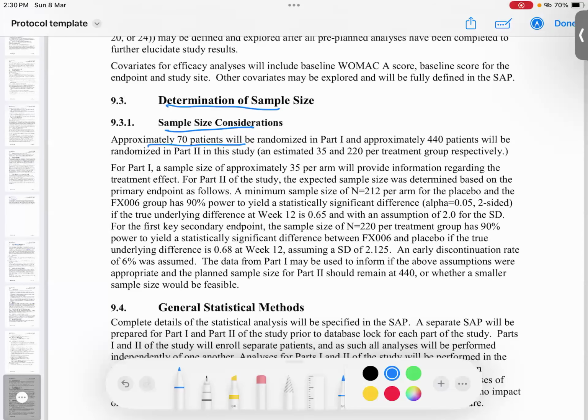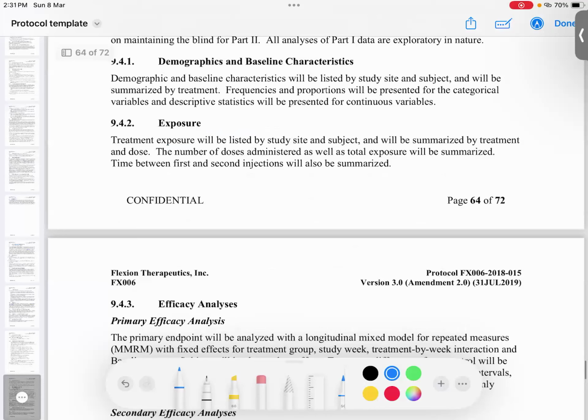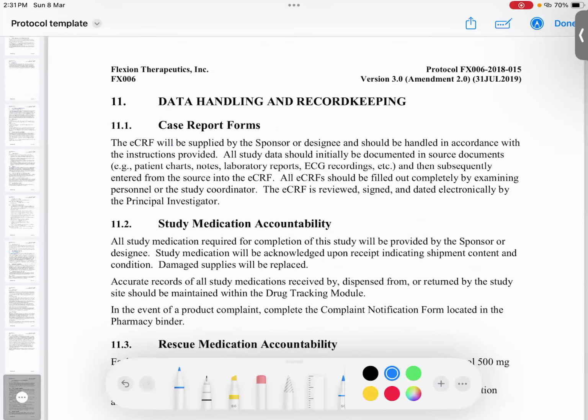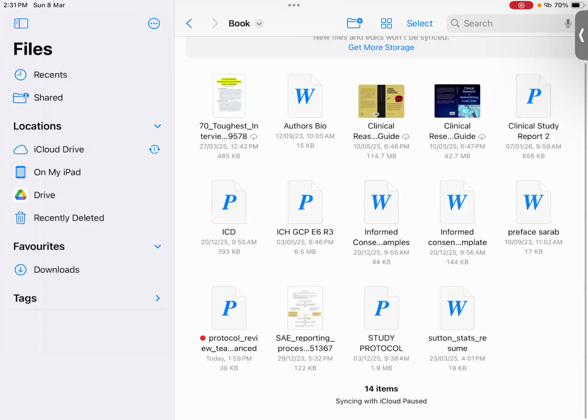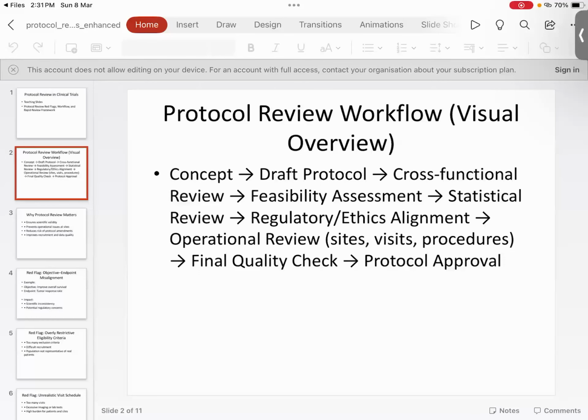Okay, so now I just wanted to show you another slide, about what the different red flags are. Let me show. So if you wanted to see, this is how we go.